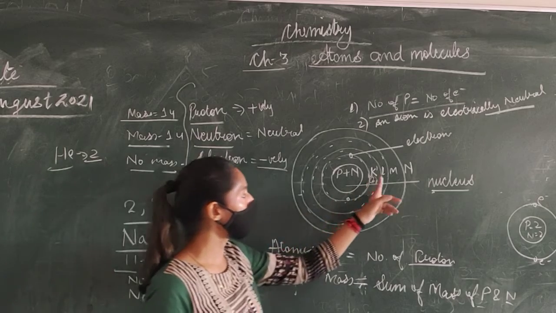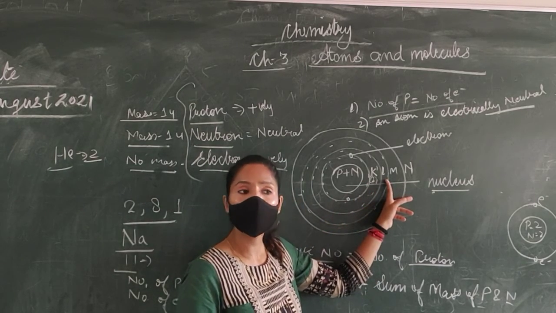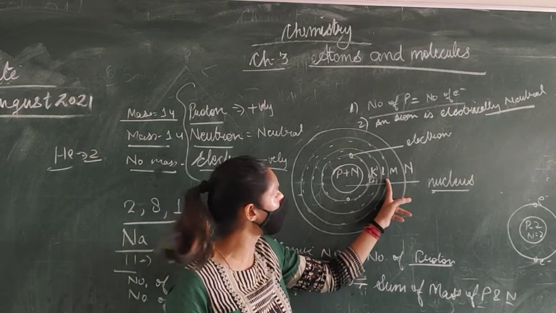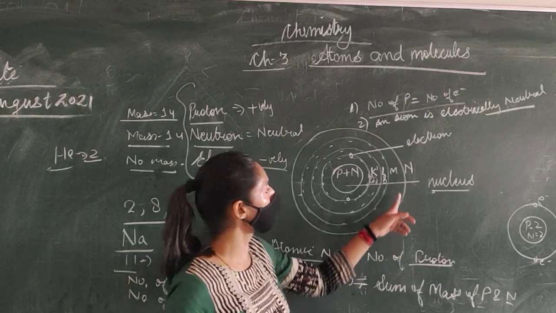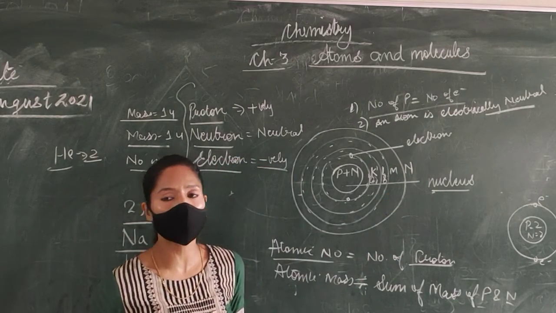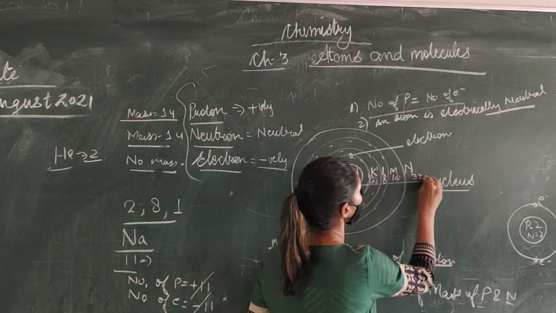In the L shell, the maximum number of electrons that can be filled is 8. In the M shell, the maximum is 18, and here it will be 32.